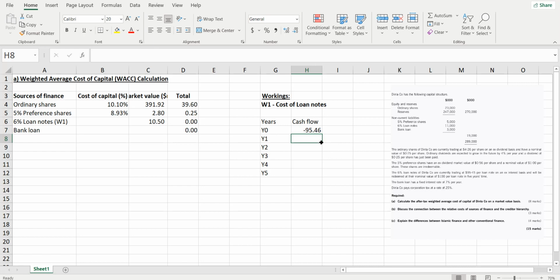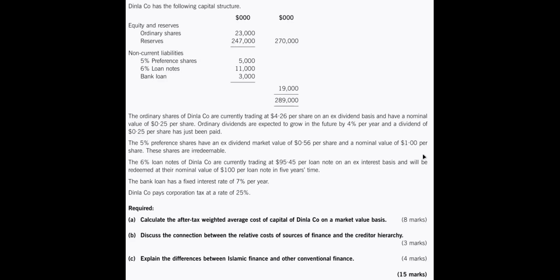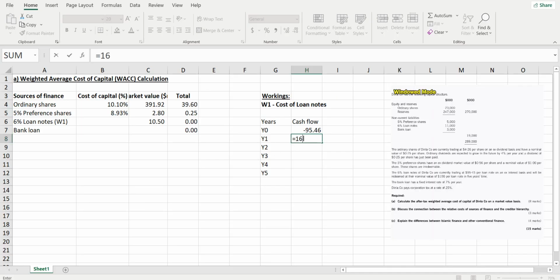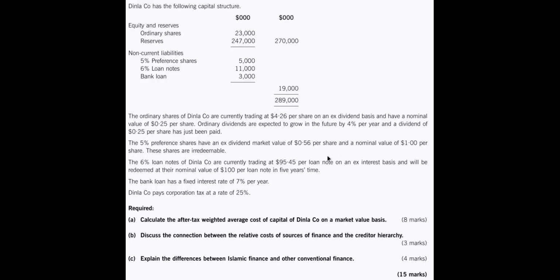So let's do the second year. We'll get 6% on a nominal value of 100%. So 100 into 6%. However, we also pay attention to corporate tax of 25%.